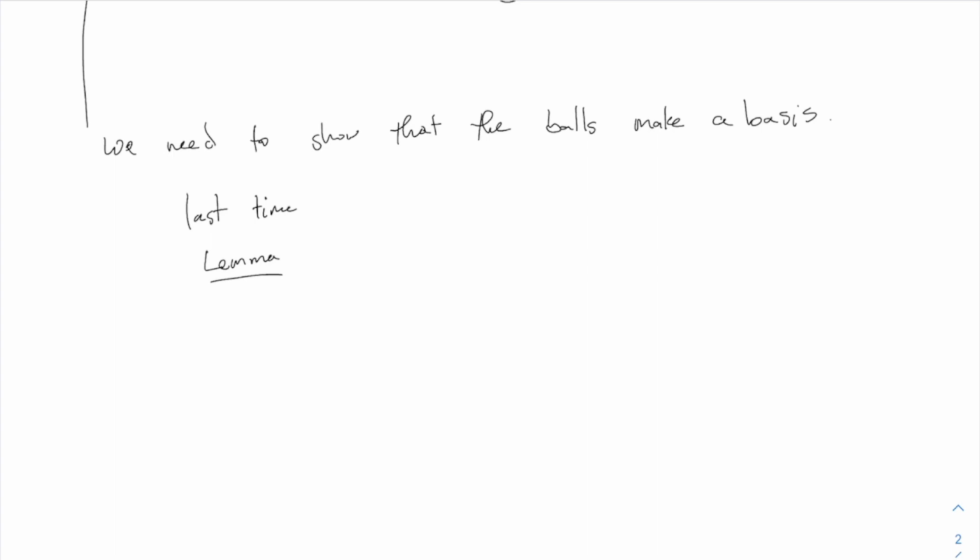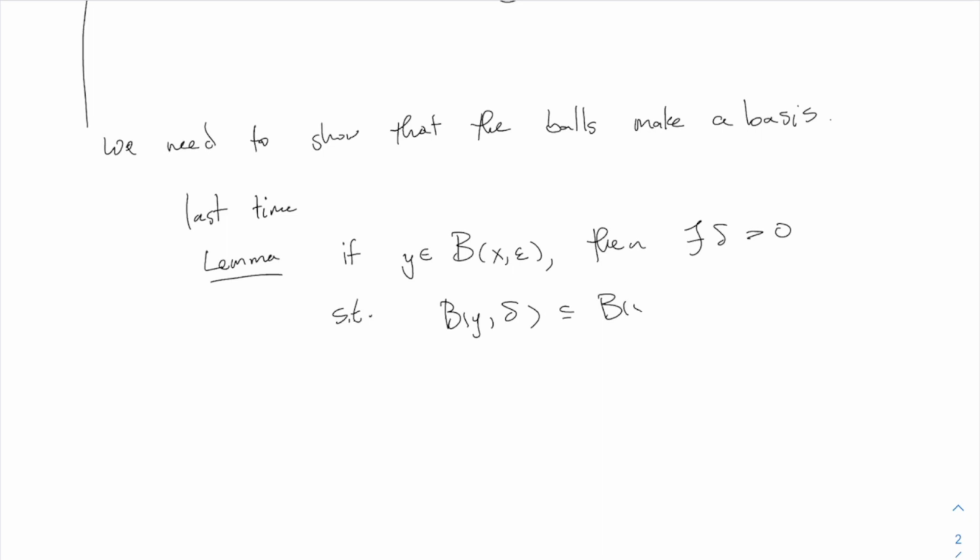And the lemma said that if y is in the ball around x of radius epsilon, then there exists delta greater than 0 such that the ball around y of radius delta is a subset of the ball around x of radius epsilon.